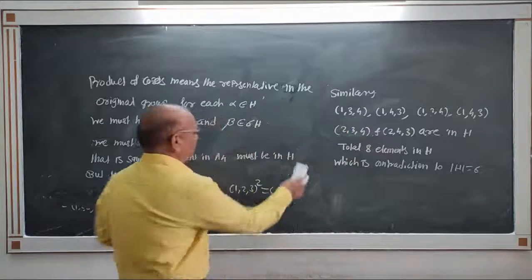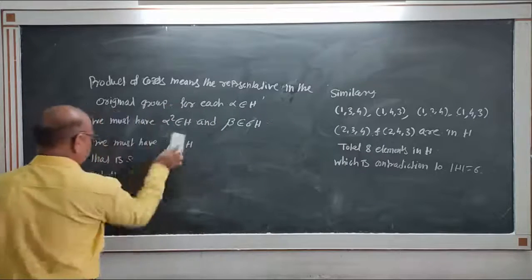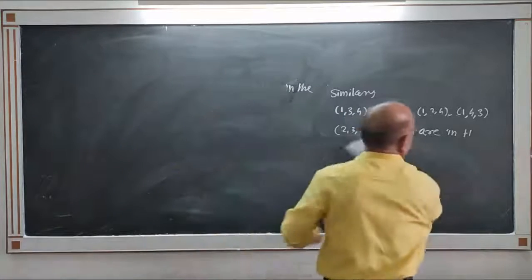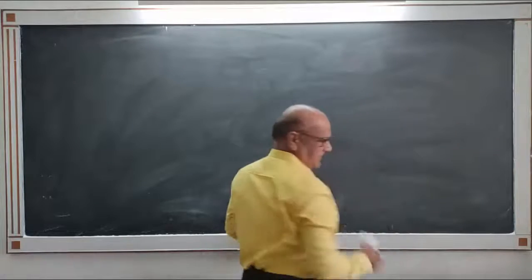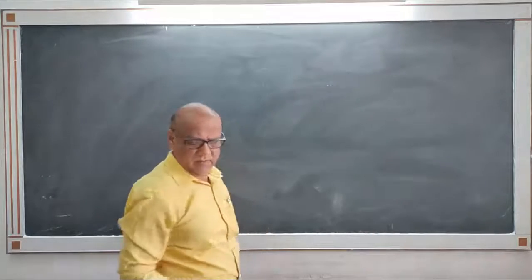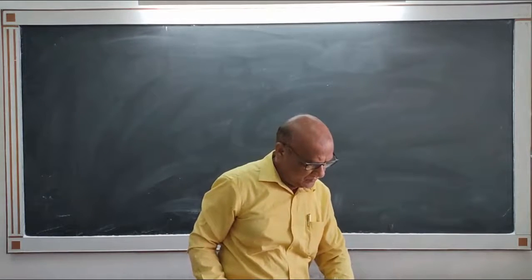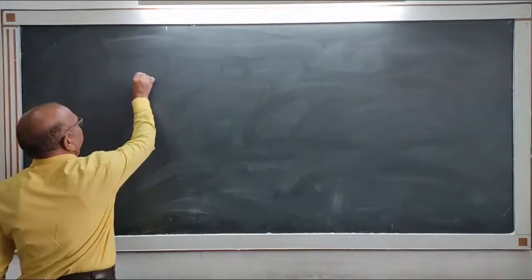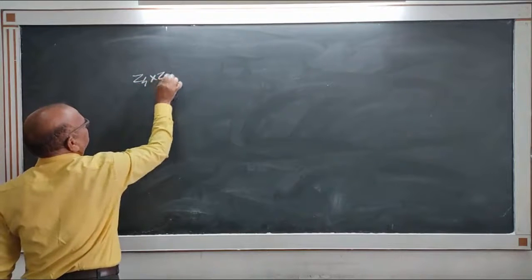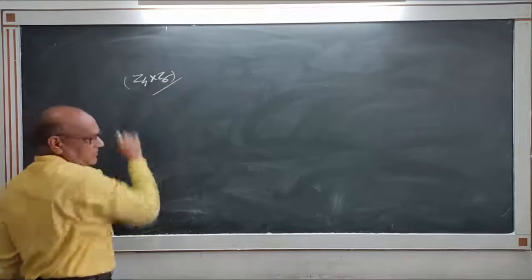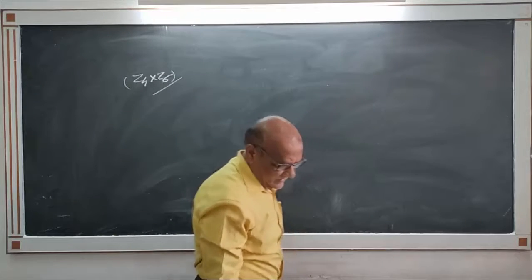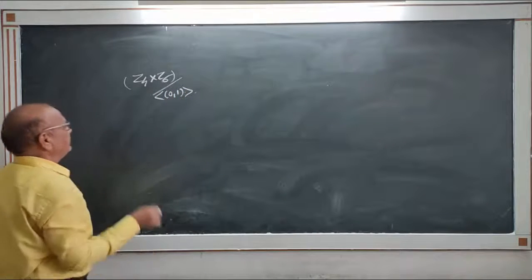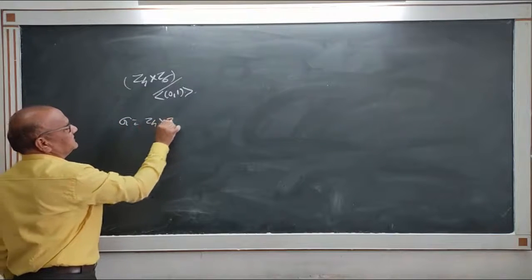Compute the factor group Z4 cross Z6 by H. Here G is equal to Z4 cross Z6, okay.